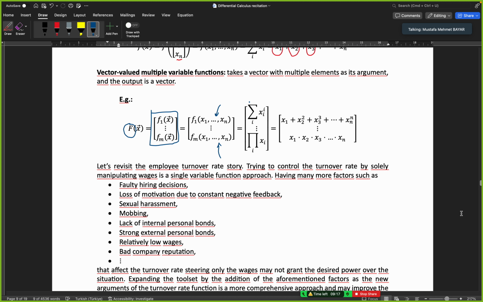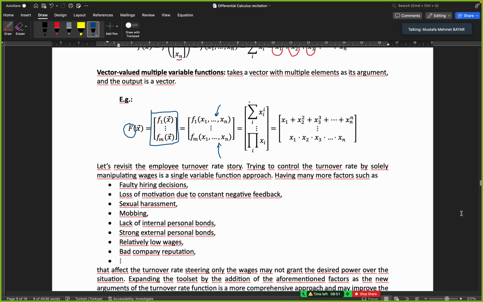But this is a little bit short-sighted, because when you manipulate this many things, the turnover rate is not the single thing that gets affected. There may be some other functions of these arguments.